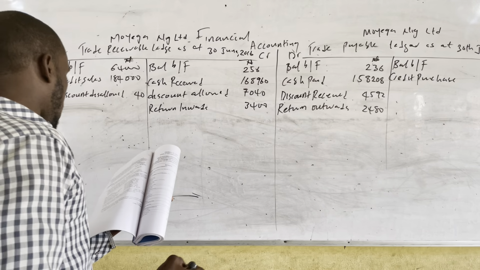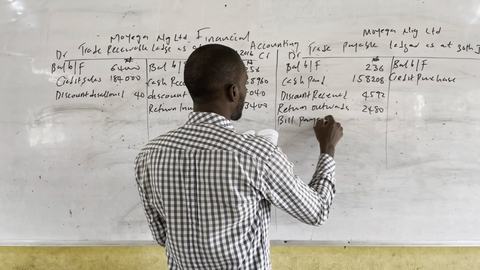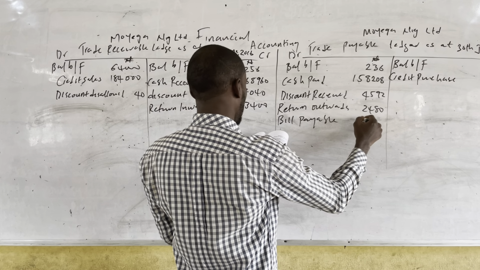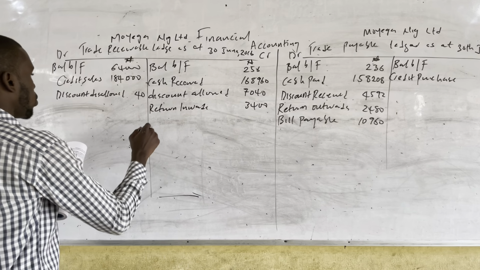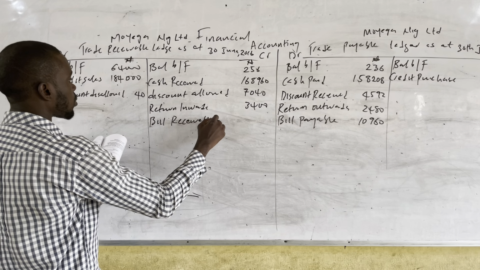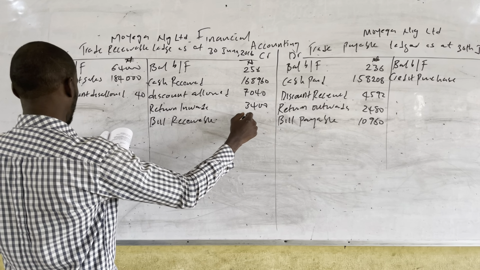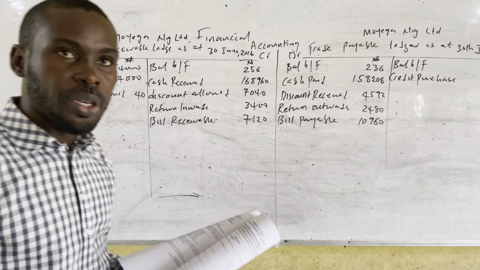So they said bill payable, isn't it? Bill payable is 10,960. Bill receivable. Dishonored bill.